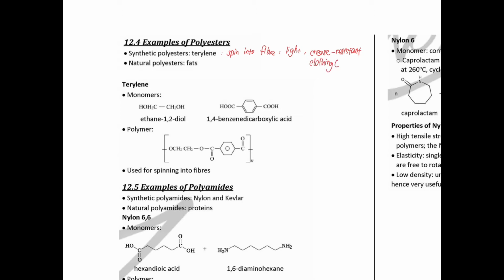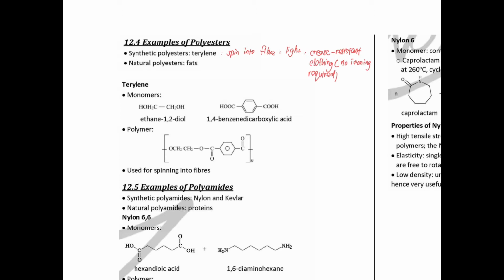That means after wash, no ironing required. The shirt, for example, looks smooth all the time, so no need to iron. So that kind of material is made from Terylene.